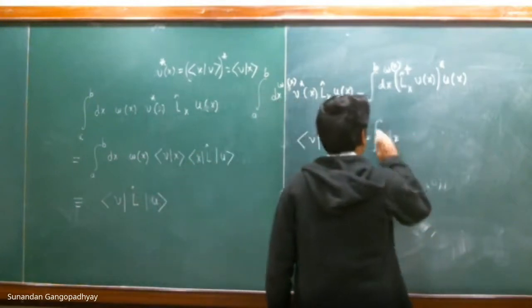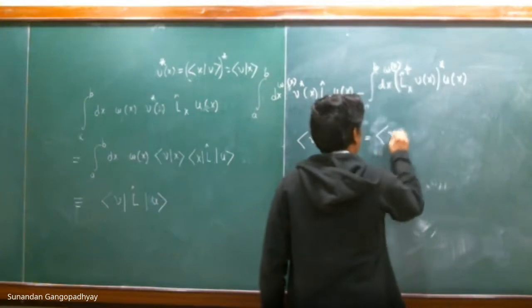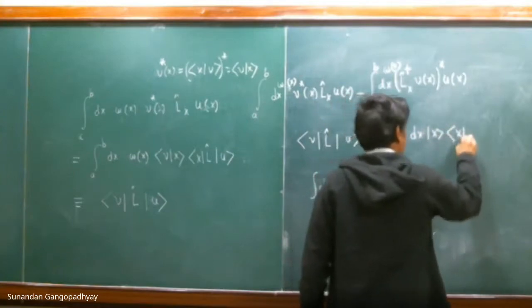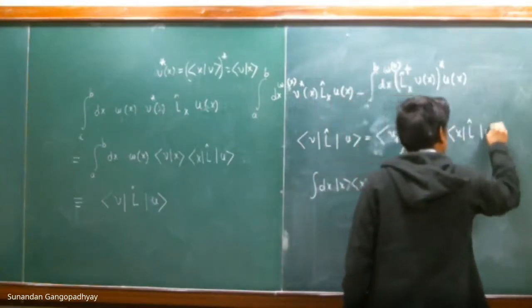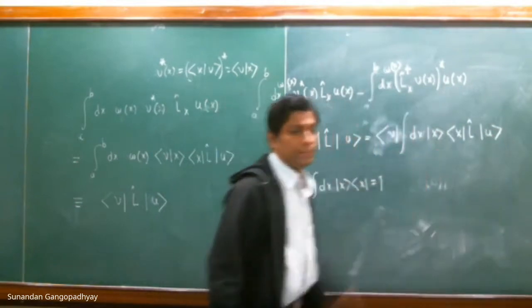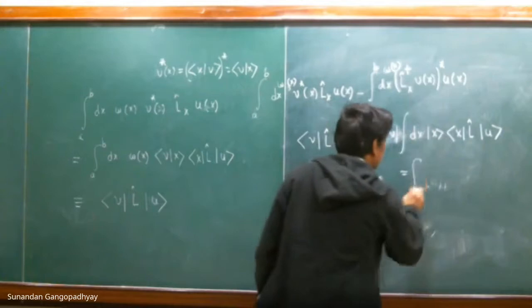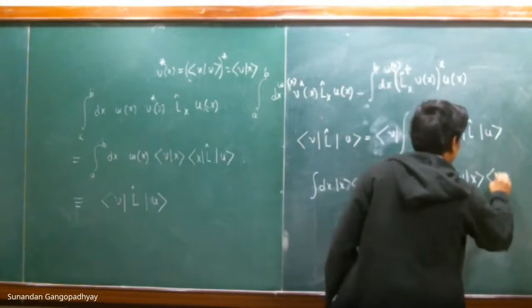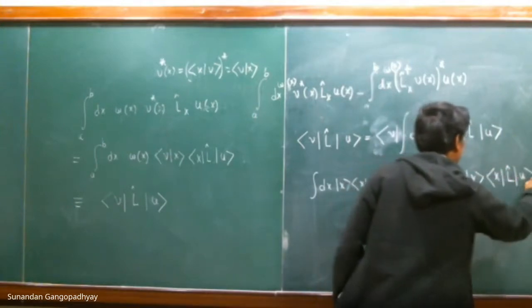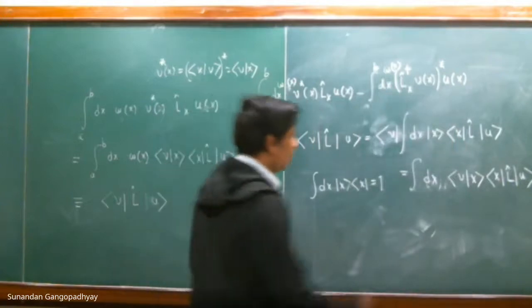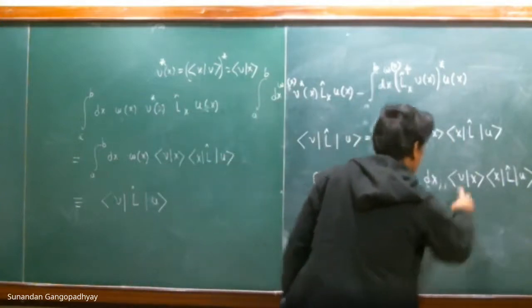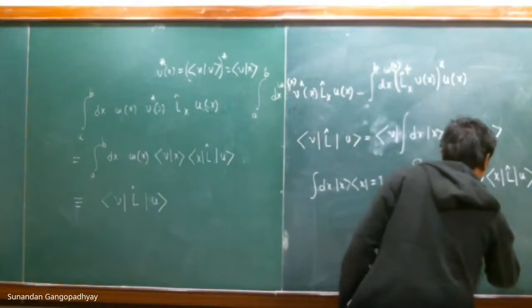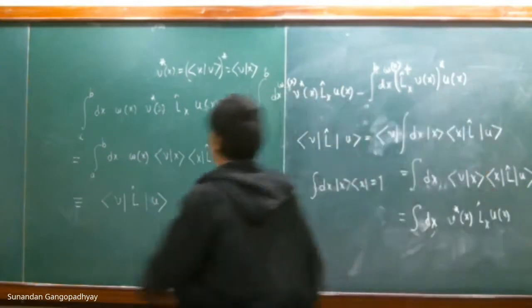So you can write this down as bra v, integral dx ket x bra x L hat ket u, because this is the identity. Now you can take the integral outside, so this becomes integral dx bra v ket x bra x L hat ket u. But this is equal to integral dx, this is v star x, as I mentioned just now, and this is L hat x u of x, which is this.